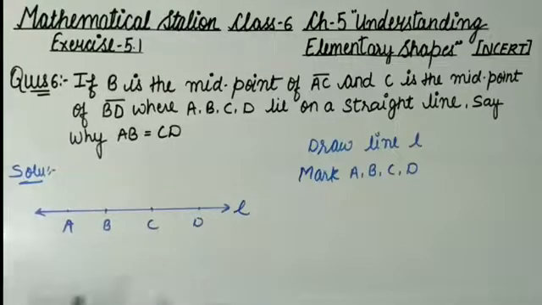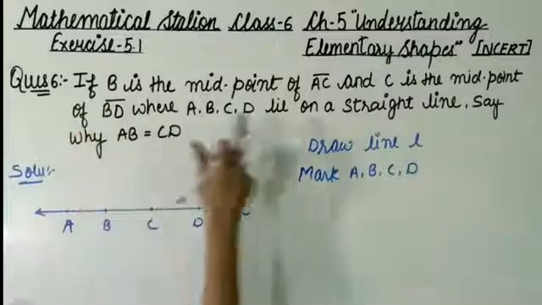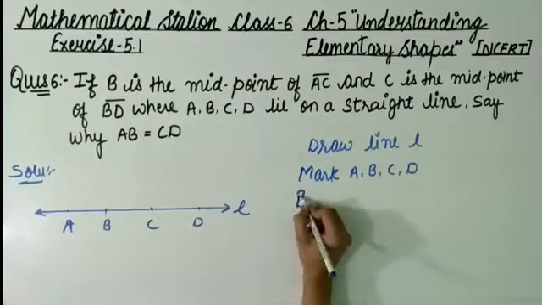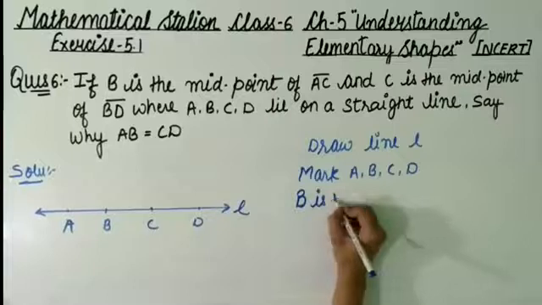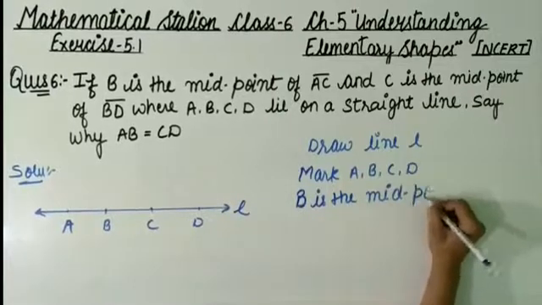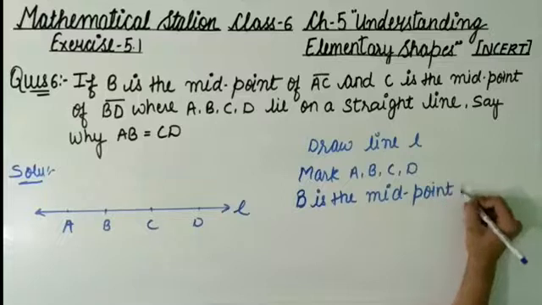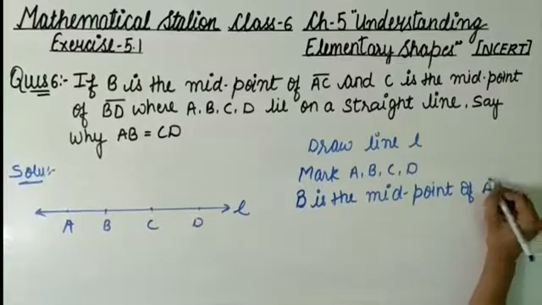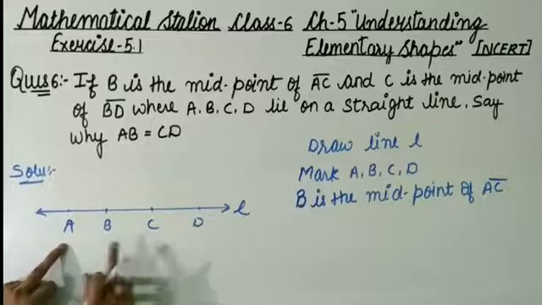Now what is given to us in the question? B is the midpoint of AC. Since B is the midpoint of AC, therefore AB equals BC.